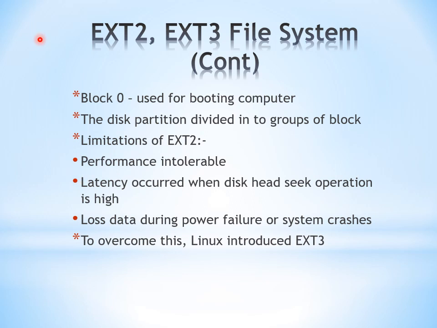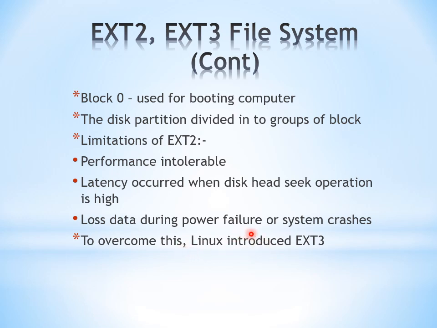As I mentioned before, block 0 is used for booting the computer, and the disk partition will be divided into groups of blocks. The limitation of extended 2 is that the performance is not tolerable, with latency and lost data when the system crashes or loses power.